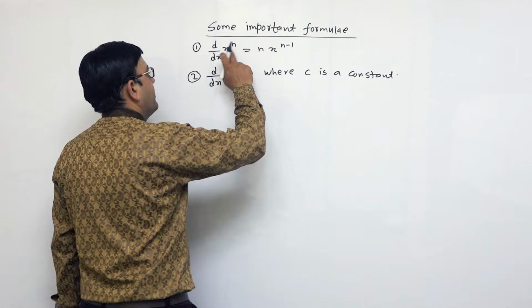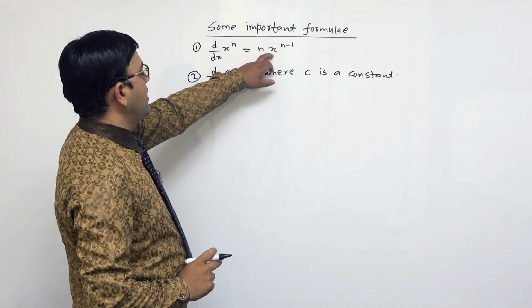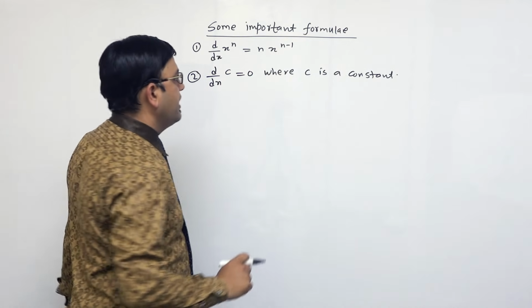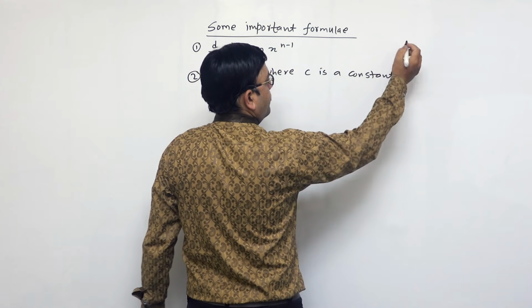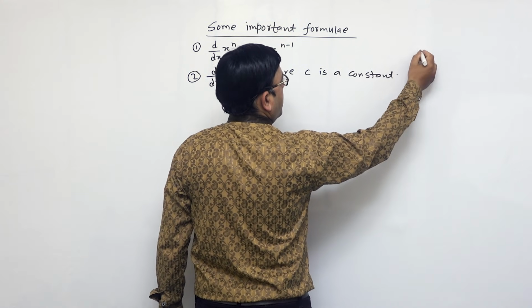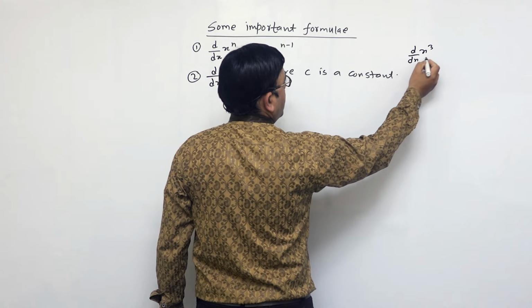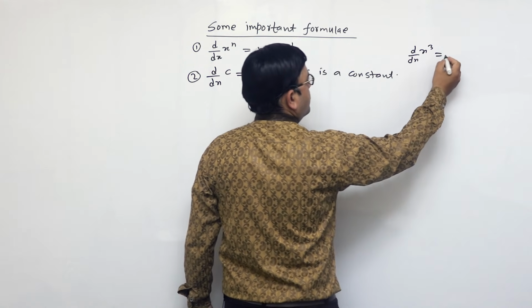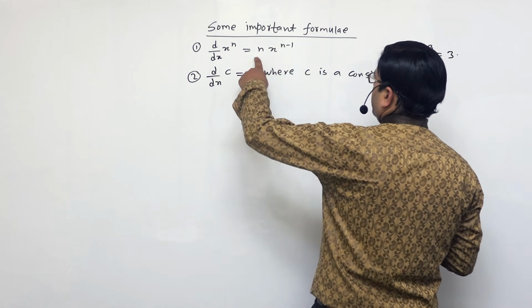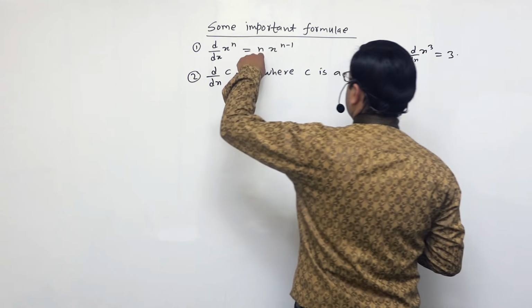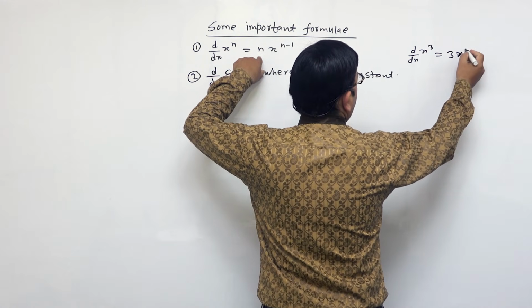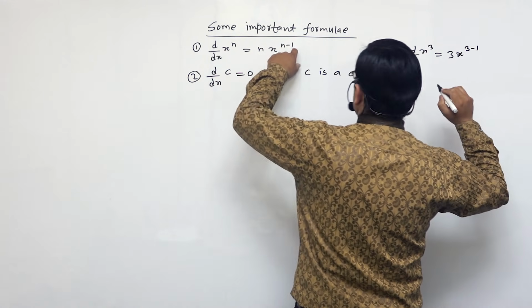Students, here d by dx of x^n is equal to n times x to the power n minus 1. It means if we want to find the derivative of suppose x cube, so d by dx of x cube is equal to 3 times, according to this formula, this n goes here, 3 times x to the power 3 minus 1 because n minus 1 is here.